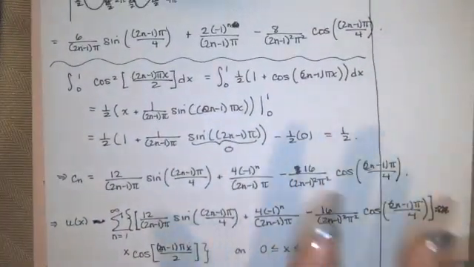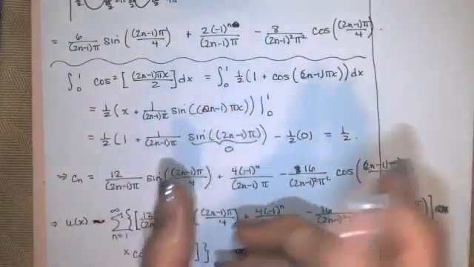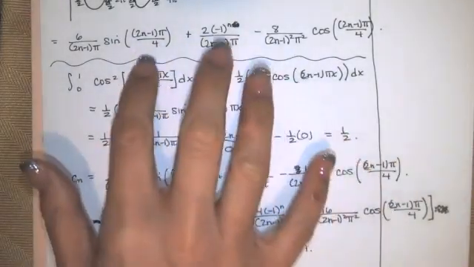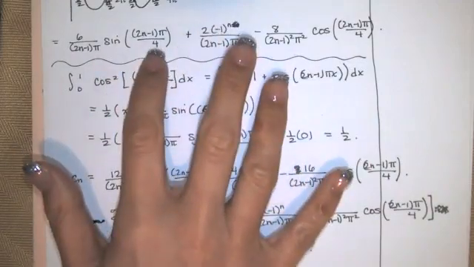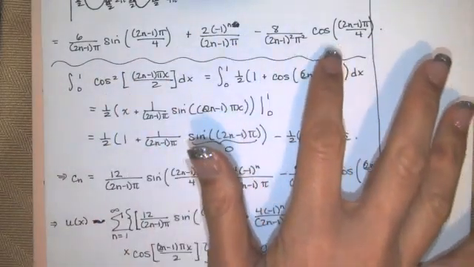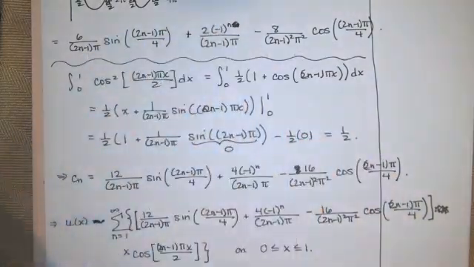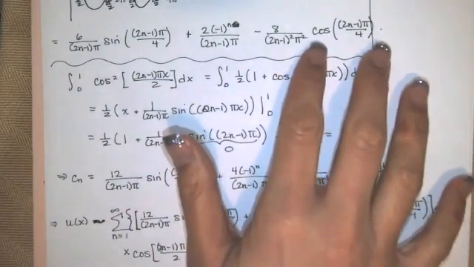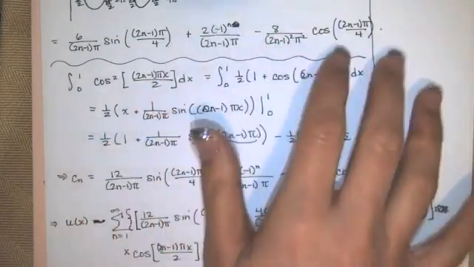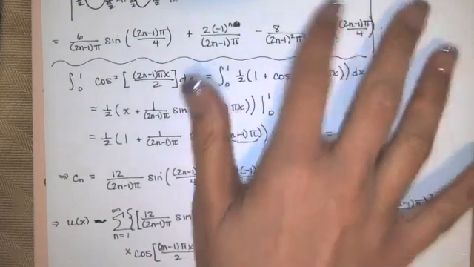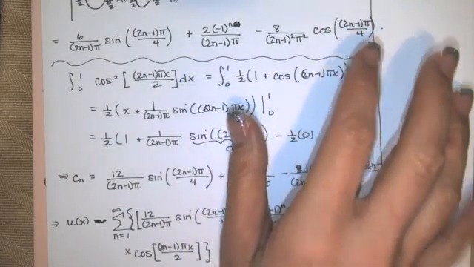Now, again, I will say that the answer in the Constanda textbook, in the back of the book, does not involve sine of odd multiples of pi over 4 and cosine of odd multiples of pi over 4. It talks about sine of odd multiples of pi over 4 and a corresponding sine function that is related to this cosine function.